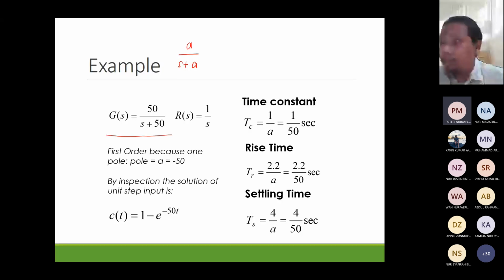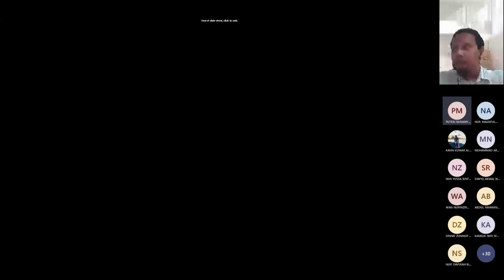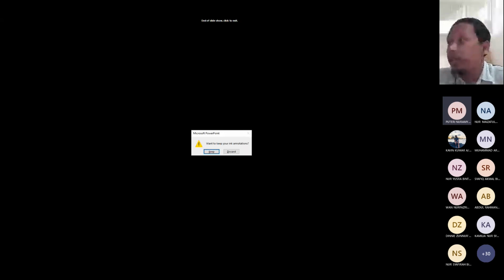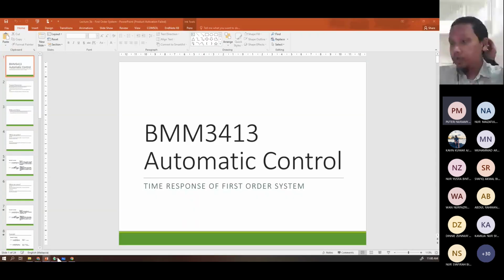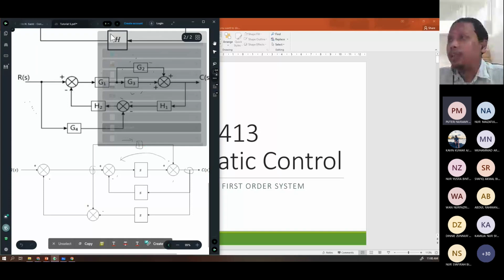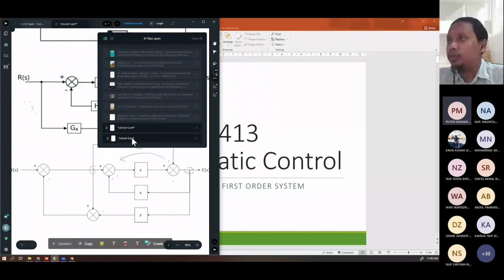Okay, so that's it. Before we end the class, let's look at the tutorial related to first order systems. I'll discuss the tutorial straight away because the questions are quite straightforward.